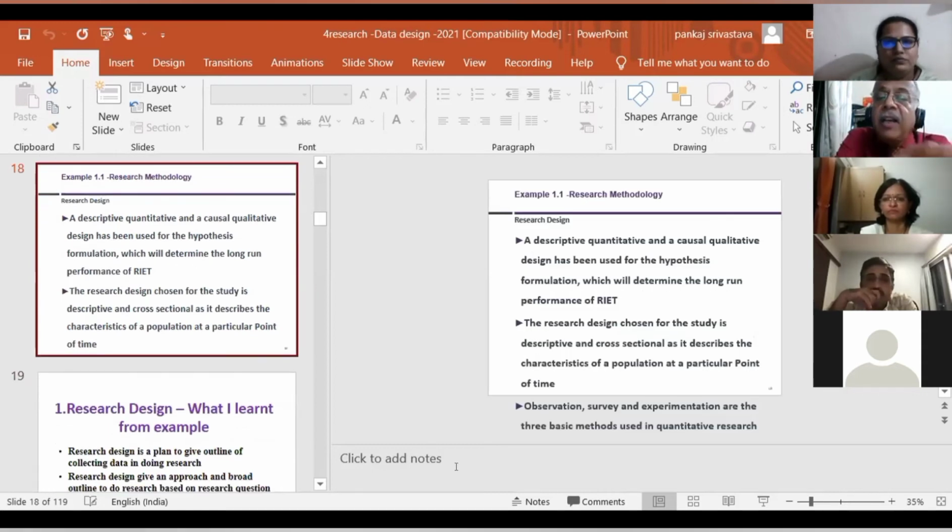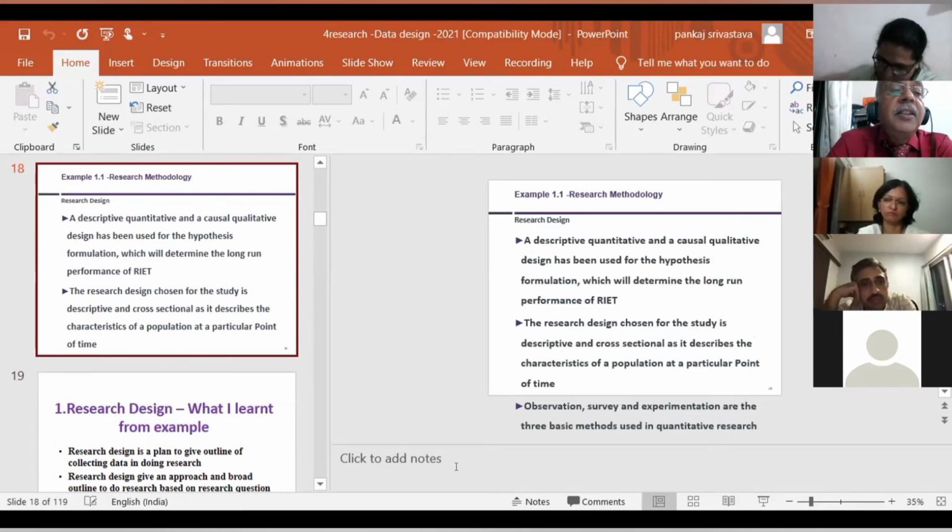And now I'll give you an example taken from the first PhD which we did on REITs, which the person already got in 2020 during the Corona time. It was lying there for 1.5 years in University of Mumbai, but finally he got the PhD in 2020.